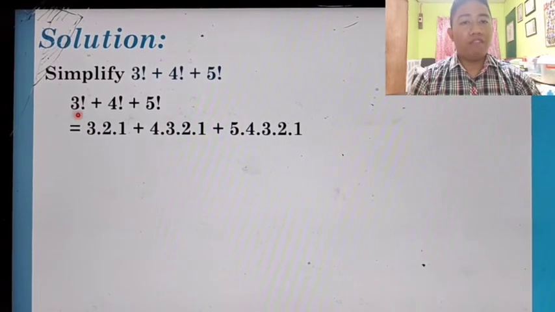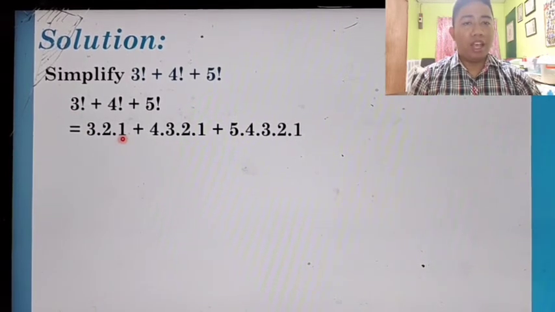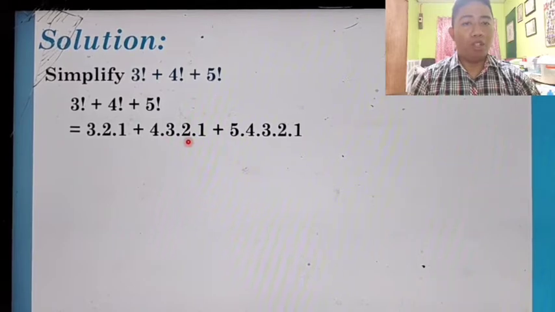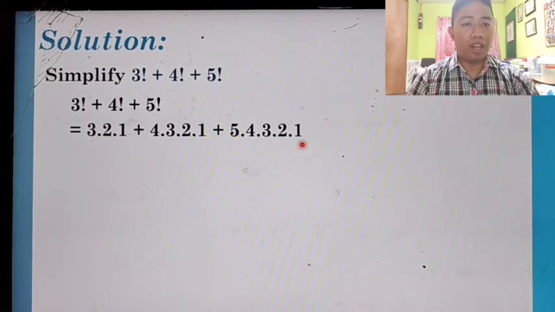We know that 3 factorial starts with a factor of 3, so 3 times 2 times 1. The second term, 4 factorial, is 4 times 3 times 2 times 1. And the next term, 5 factorial, expands into 5 times 4 times 3 times 2 times 1.